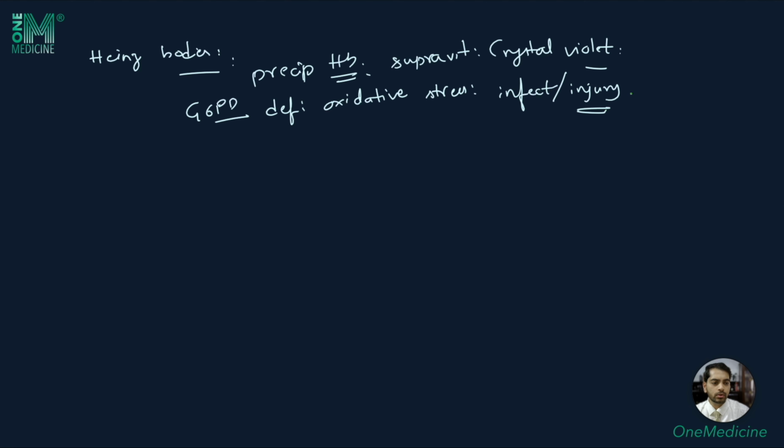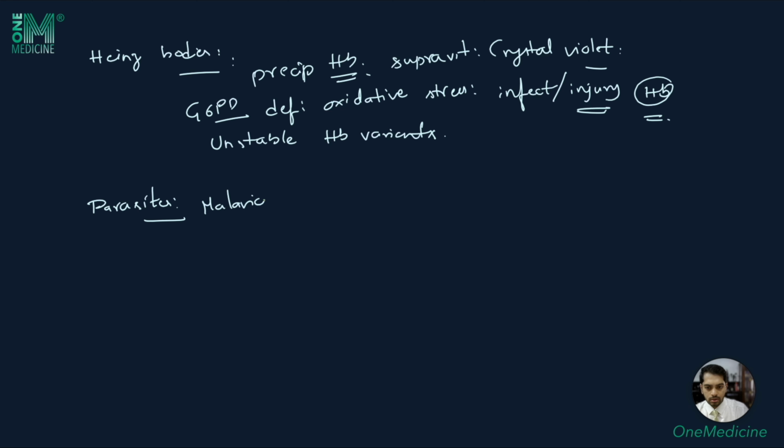This leads to precipitation of hemoglobin, which is seen as Heinz bodies. Another place where Heinz bodies are seen is unstable hemoglobin variants. Other possible inclusions within the RBCs include parasites. Some examples are malaria and babesiosis.